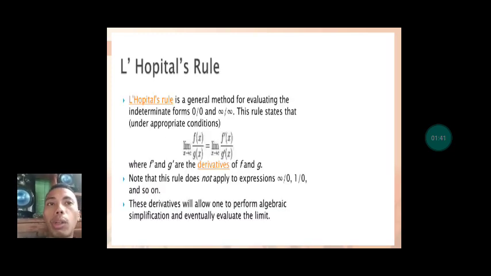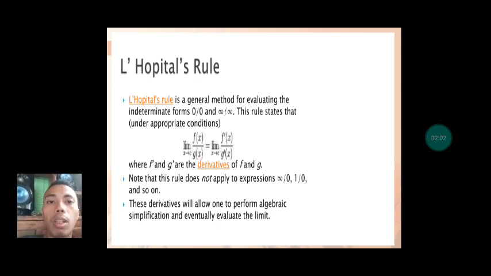L'Hopital's rule. So after we see those indeterminate forms, we will proceed to L'Hopital's rule. L'Hopital's rule is a general method for evaluating the indeterminate forms of 0 over 0.